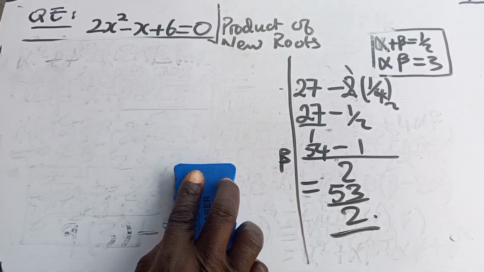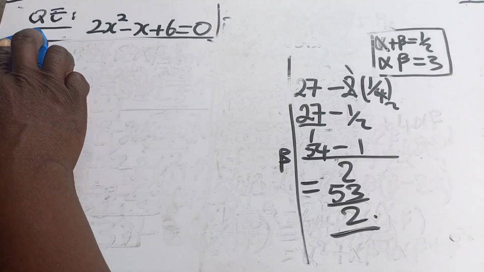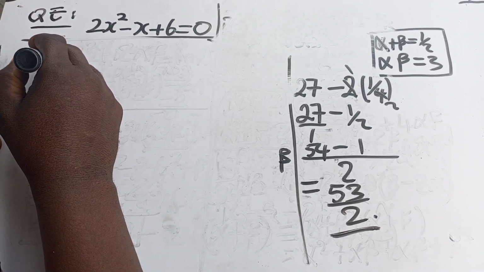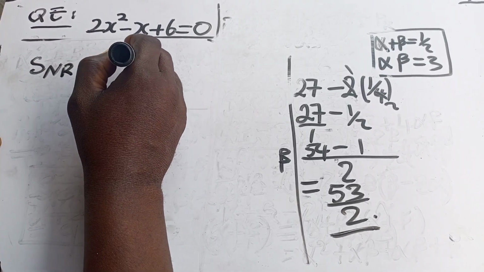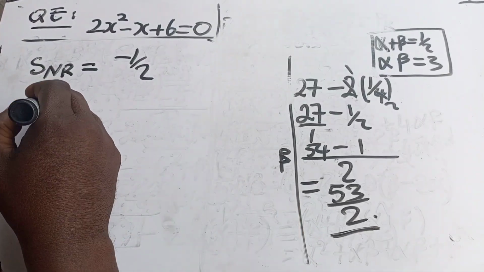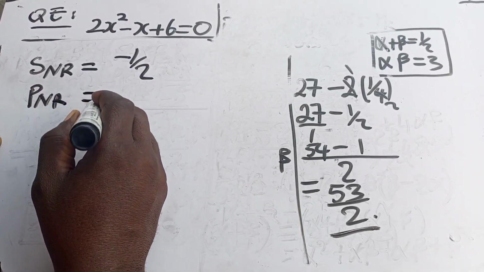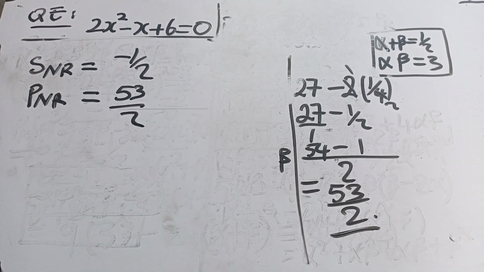Let's recollect the information that we know so far. We know sum of new roots, we found it to be negative half. Now, product of new roots, we found it to be 53 all over 2. So, how do we get the required quadratic equation?